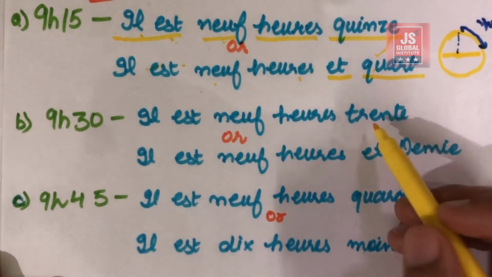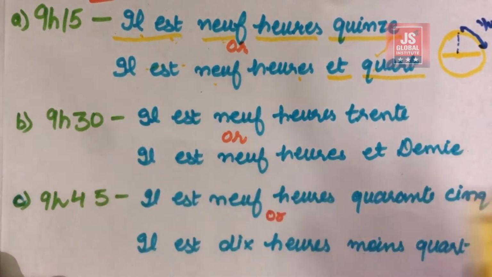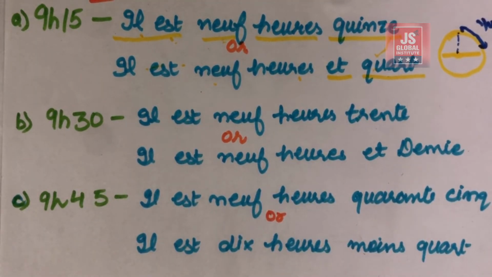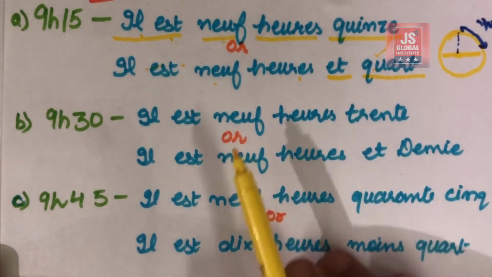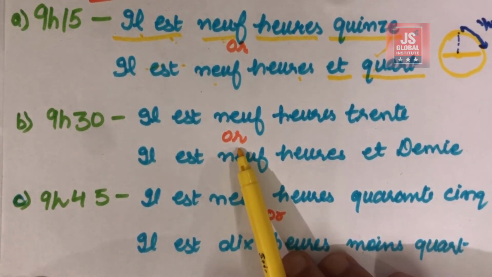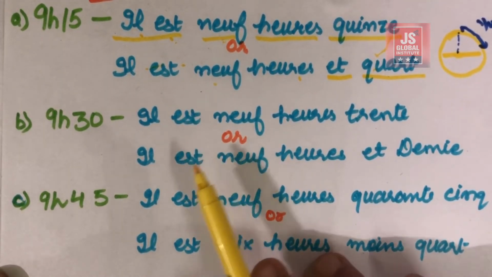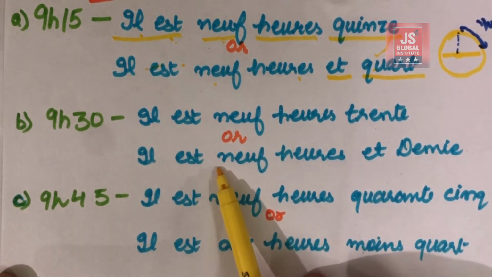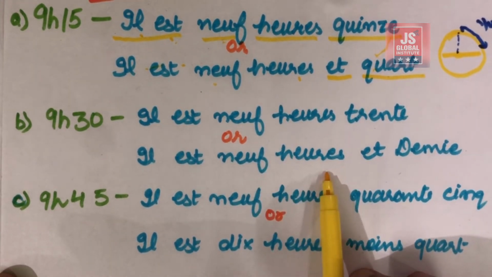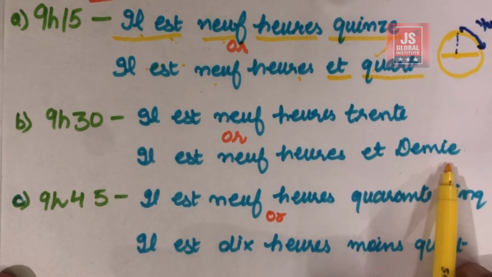So this is very simple. If you know the counting in French, then this is not a big deal over here. And what is the next way of representing it? It is il est 9 heures et demie.